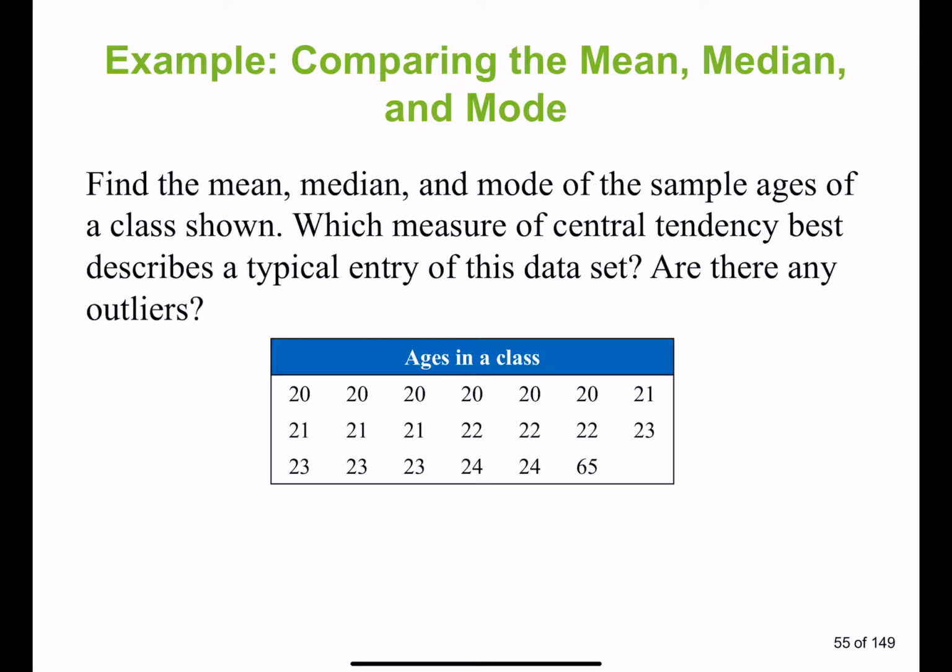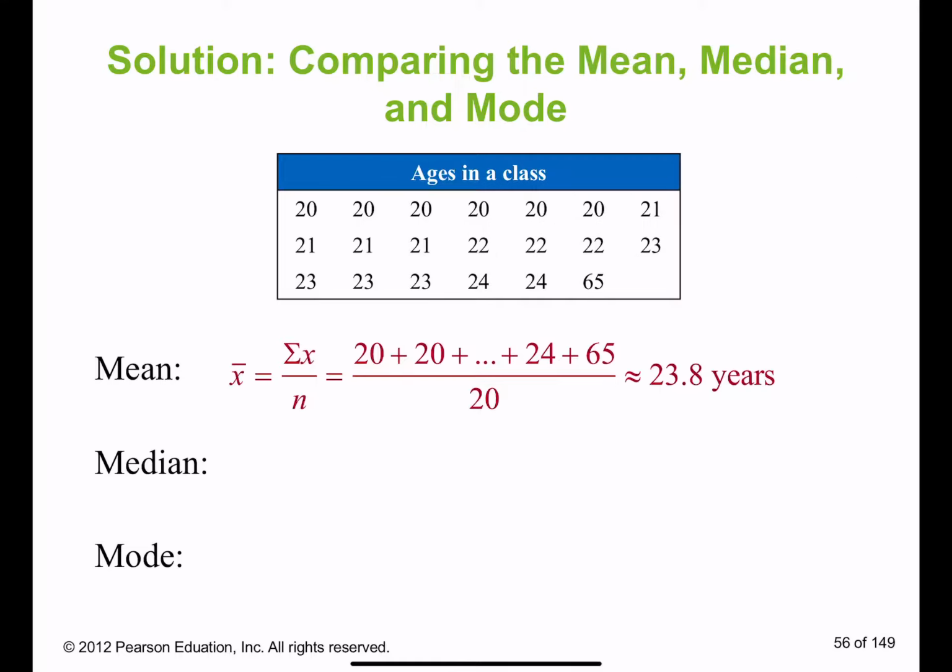So in this case, the only measurement of central tendency that will show the true average will be median, because we will line them up, and the 65 age is not gonna affect it, and we will get the true value of the average age of the class. Let's see. This X bar is mean, so it's adding up all the way. With 65 we get 23.8.